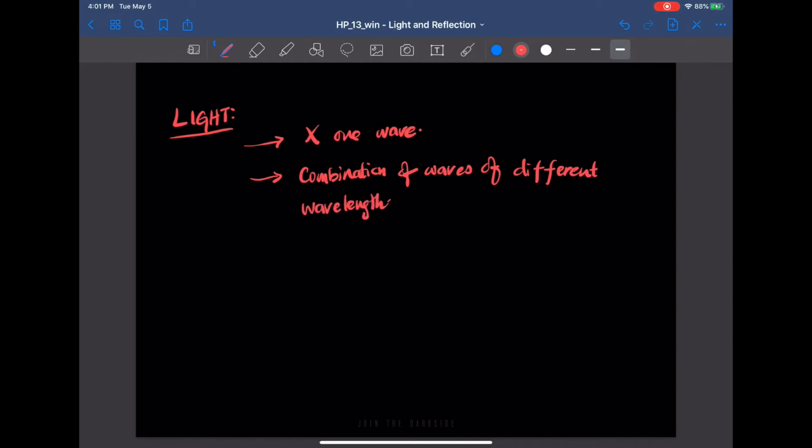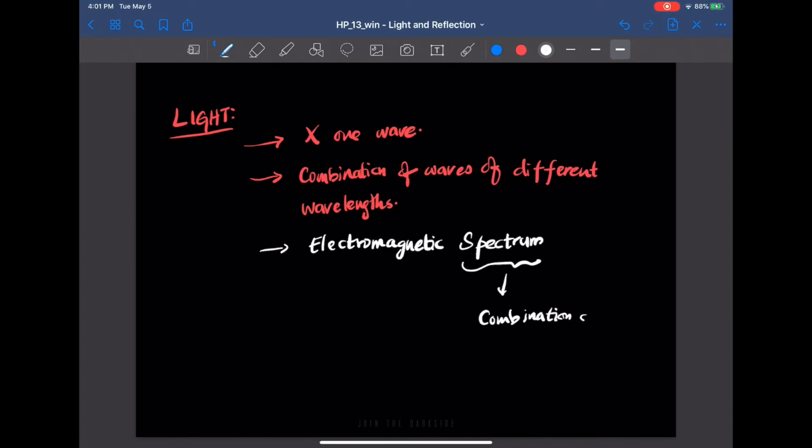This is called an electromagnetic spectrum. A spectrum is a combination of waves. We call light an electromagnetic spectrum because it contains a lot of forms of waves. So we call this a form of electromagnetic radiation.